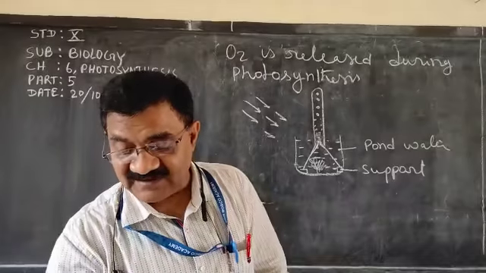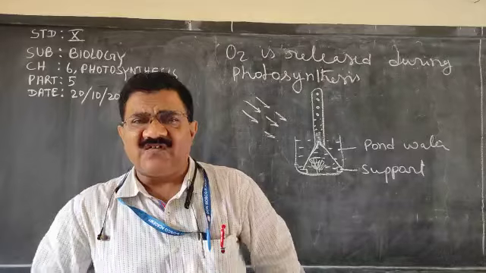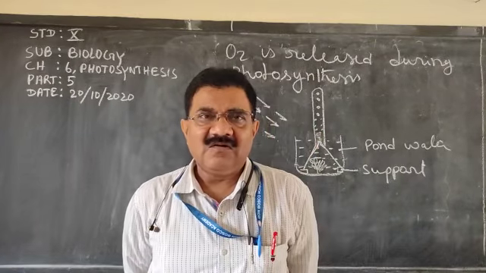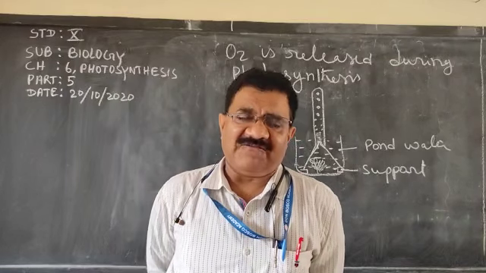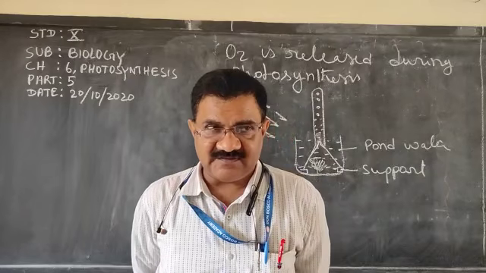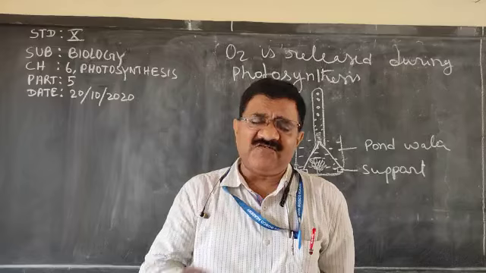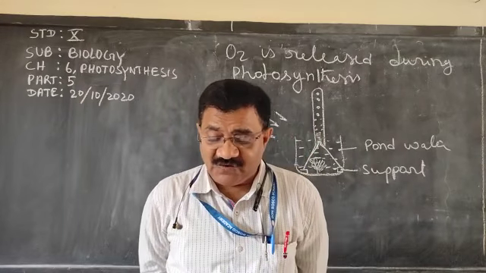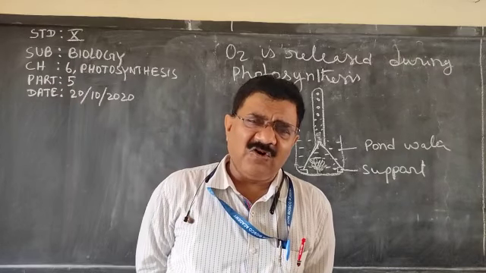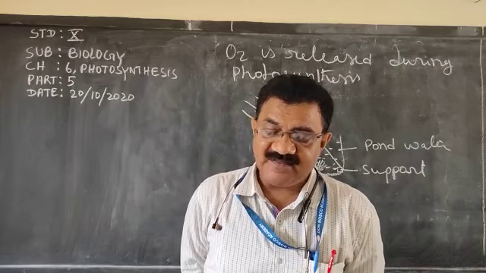Okay, so this part is clear. Now, what is the importance of photosynthesis? Life on this earth is possible only due to photosynthesis, because by photosynthesis we get two things. One, food for all, whether herbivore, carnivore or omnivore, it doesn't matter.